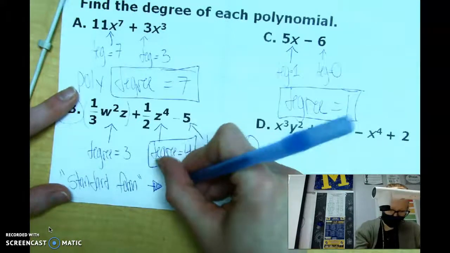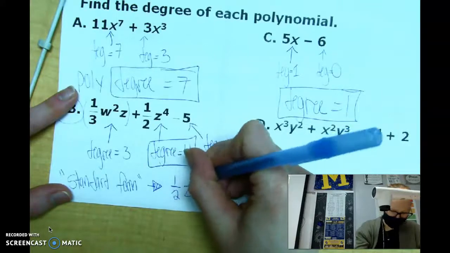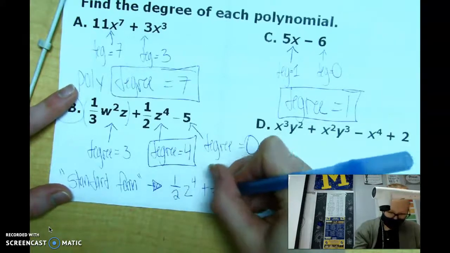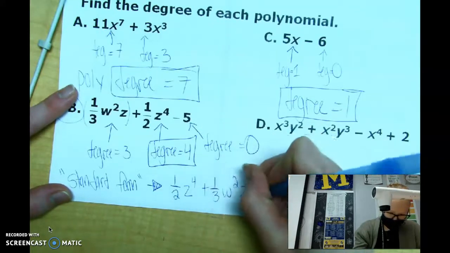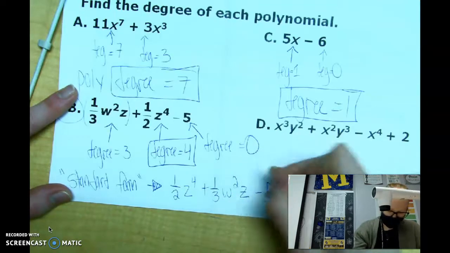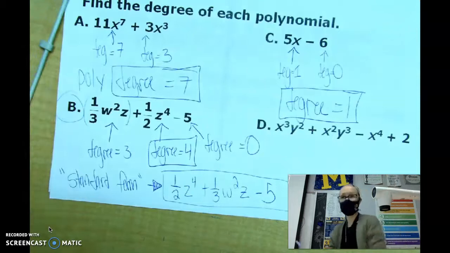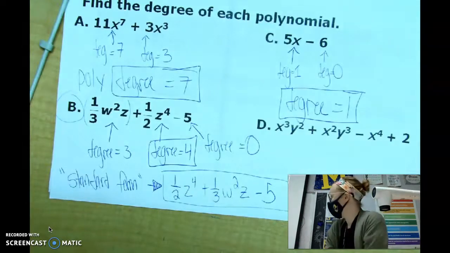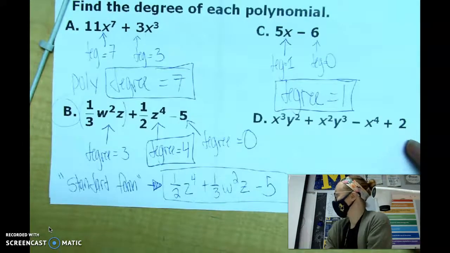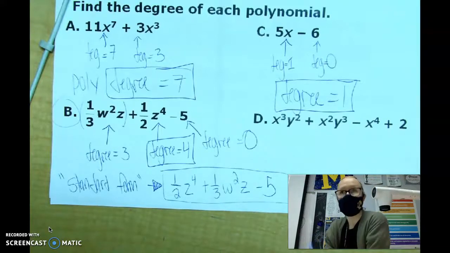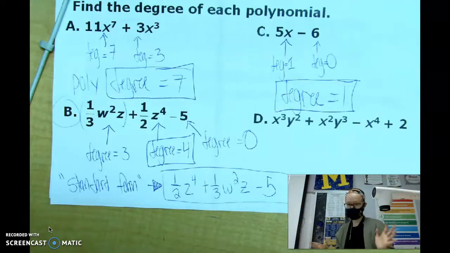So I would have to have 1/2 z to the 4th written first, then the 1/3 w squared z, then the 5, right? So every polynomial ever should always be written in standard form. There are big reasons for that, both in this class, which we'll talk about later, as well as in Algebra 2. It's going to make a big difference. So make sure that if something's not in order by degree, you put it in order, okay?